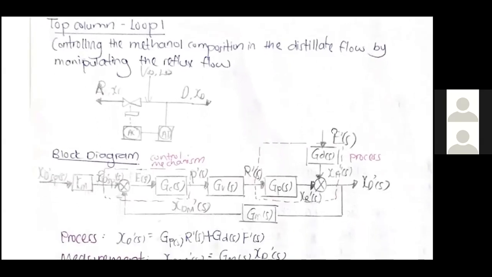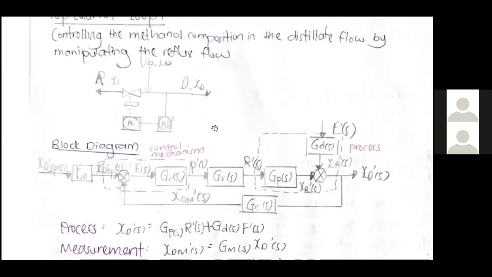At the front there is XD prime SP, which is the set point that we set. Then we send it to the gain, which is KM, as you can see. It then transfers the signal to GCS, which is the controller. The controller then sends the signal, P'(S), to the valve, GVS.